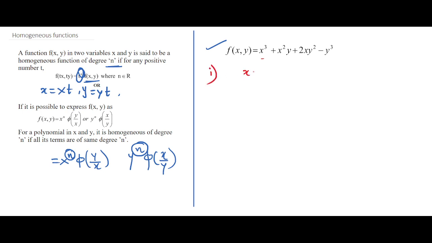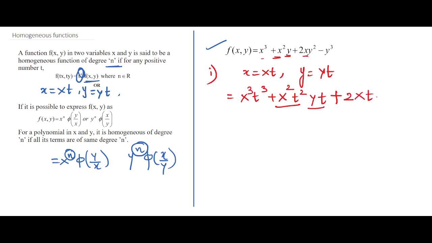If I substitute x as xt, y as yt, this f of x, y becomes x cube t cube plus x square t square into y t, plus 2 into x t into y square t square, minus y cube t cube.